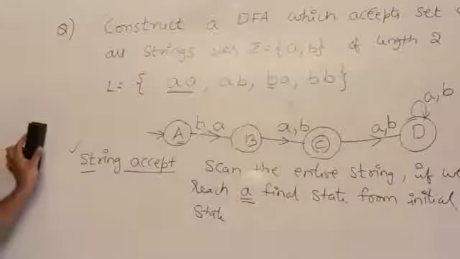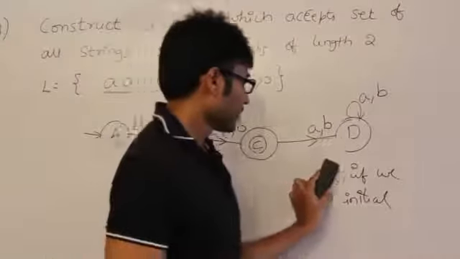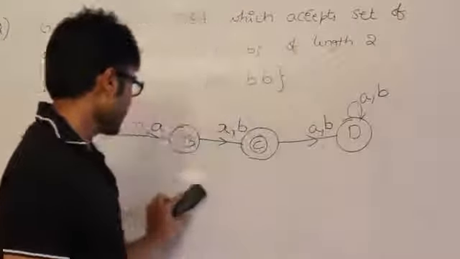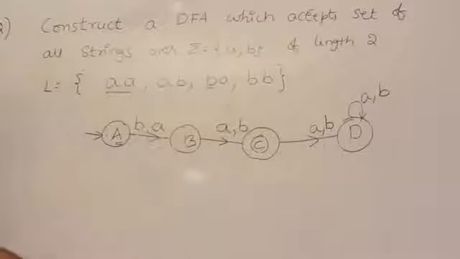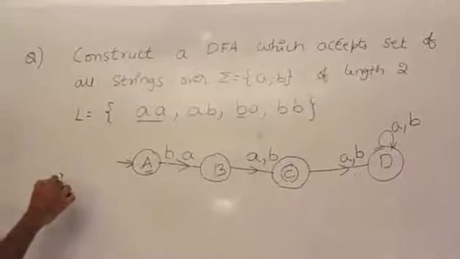Now the next one is, when do you say that a language is accepted? So a language is said to be accepted if we accept all the strings in the language.